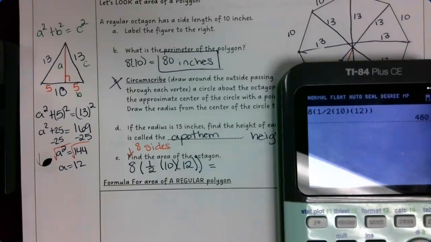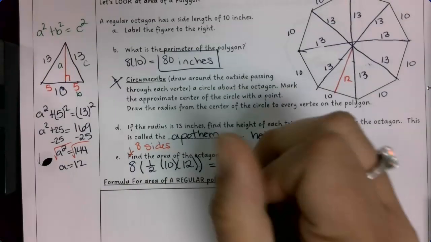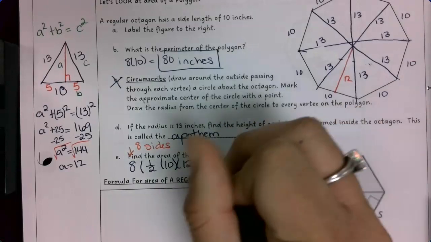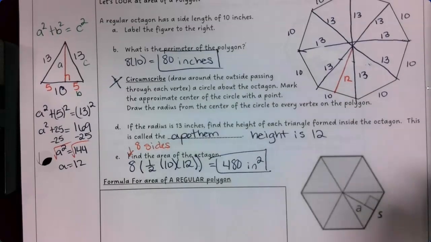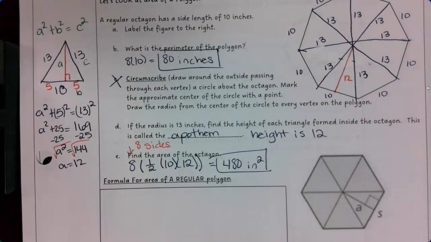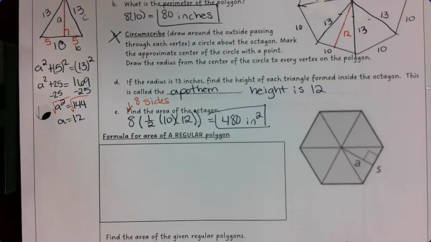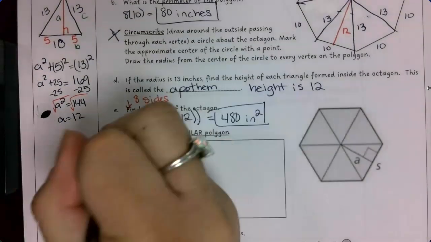Which gets us 480. This was measured in inches squared, because area is always inches squared. So I can officially write out my formula for the area of a regular polygon now.